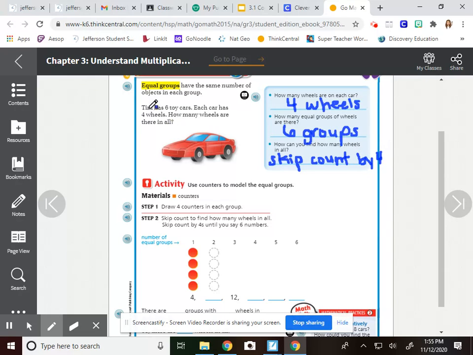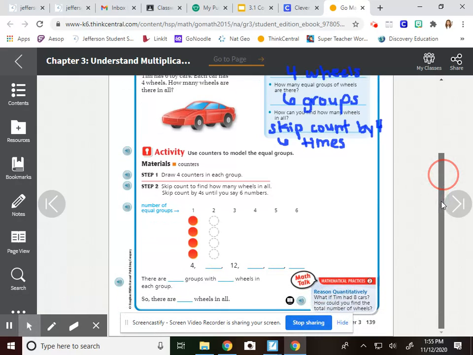Because it's 4, we're skip counting by 4 6 times. Or in doing the same thing, you can add 4 6 times. So either way, you're skip counting by 4 6 times, or you can add 4 6 times.